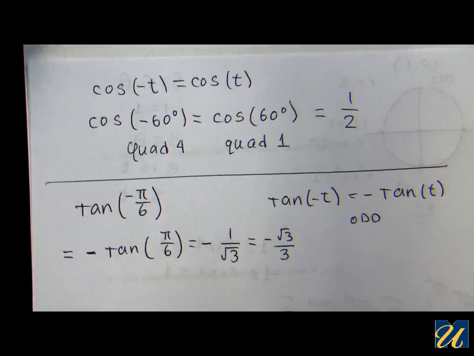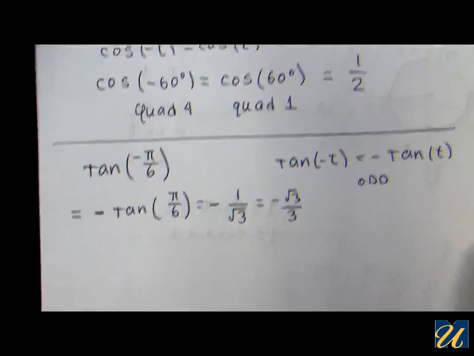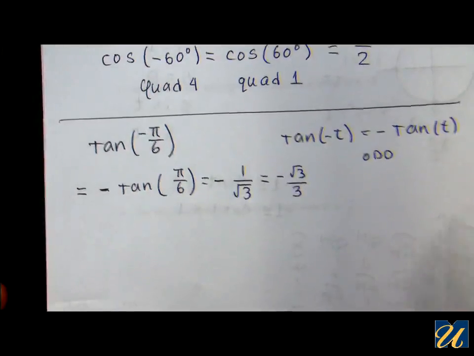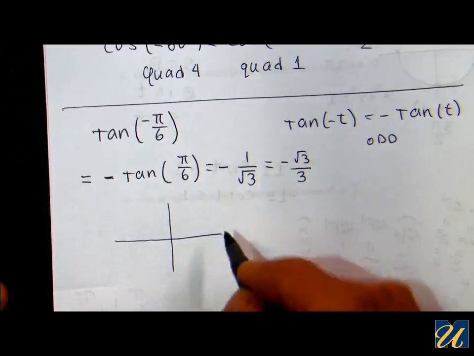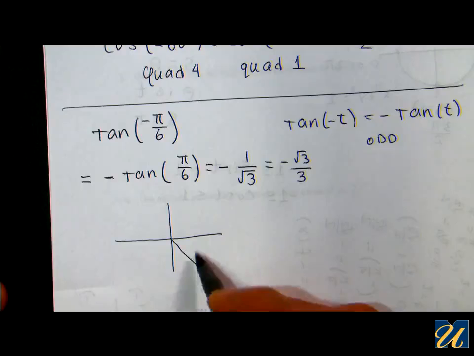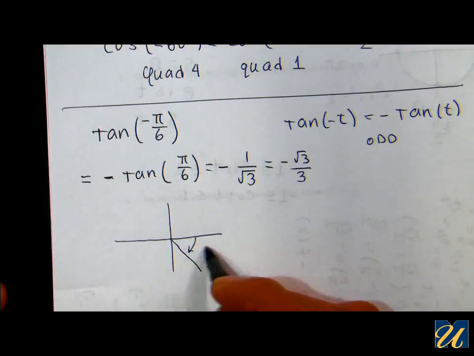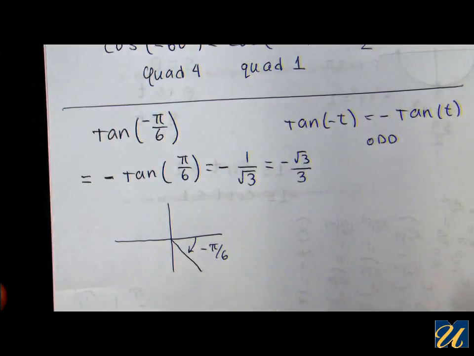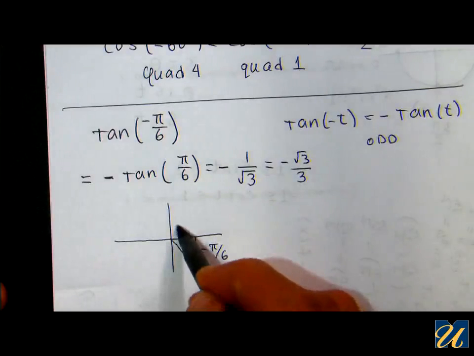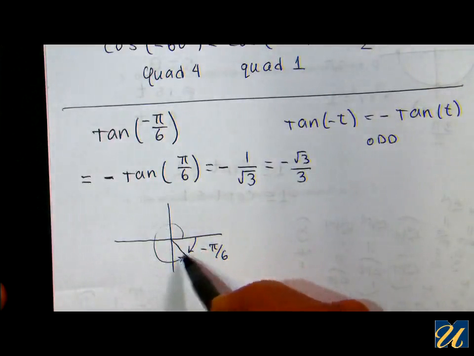See, the old way that we were doing this was to first make a picture of the given angle. Minus pi over 6 is an angle swept in this direction, negative pi over 6. We would then find the positive coterminal angle alpha, and that was this one right here.